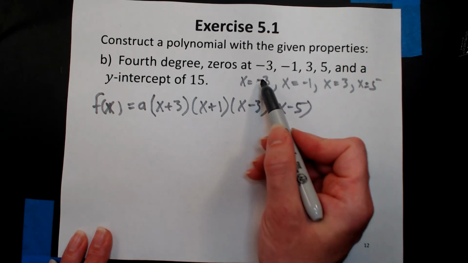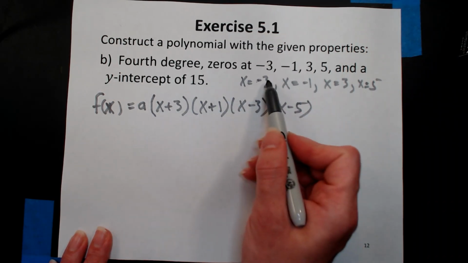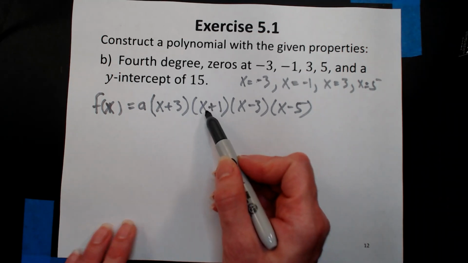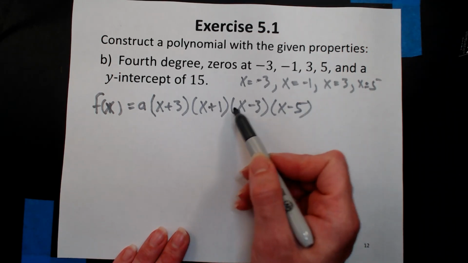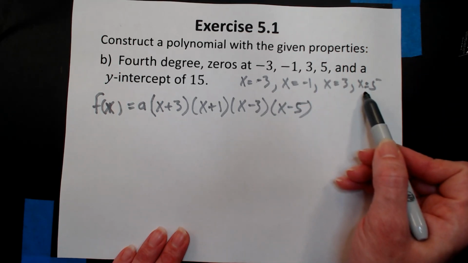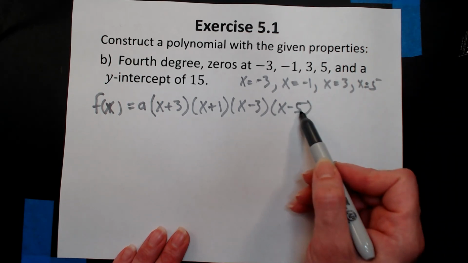So see how that lines up? We move the -3 over. That -3 was a 0. That means x plus 3 was a factor. -1 is a 0. X plus 1 is a factor. 3 is a 0. So x minus 3 is a factor. And 5 is a 0. So x minus 5 is a factor.